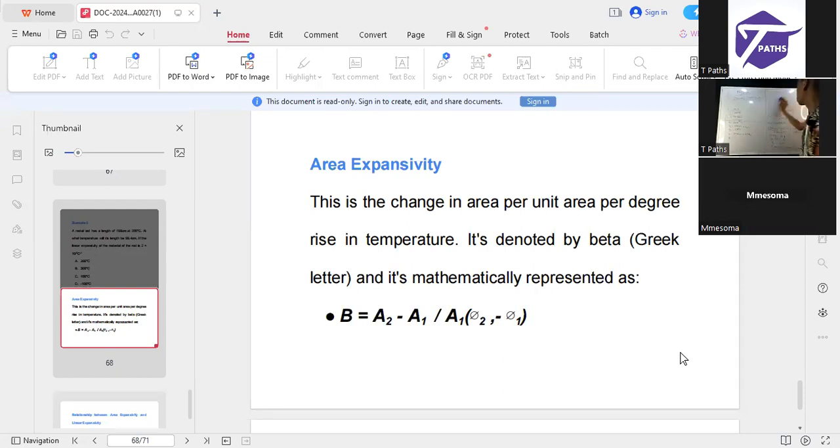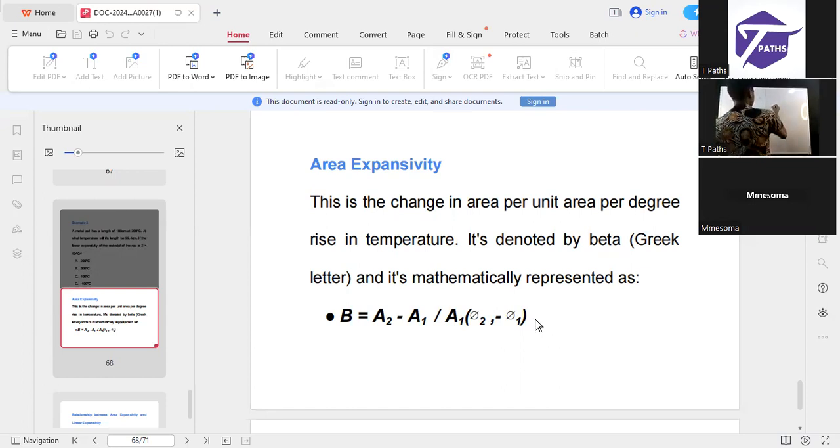All right. So it is the change in area per unit area per rise in temperature, and it is denoted by beta. Beta is like a B having a stroke, but it's a Greek alphabet. So area expansivity is denoted by beta, and then the formula is this.